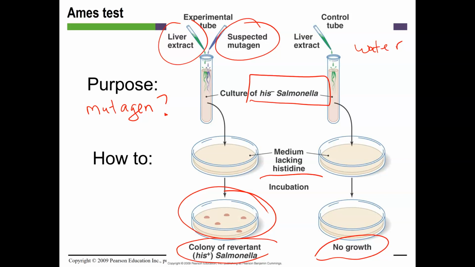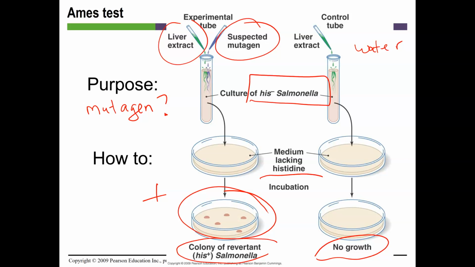Students typically ask, are there other changes happening in the Salmonella DNA due to the mutagen? Yeah, there are. We can't detect those. We can only detect the mutations that happen to occur in the same spot as the original point mutation. A bacterial culture has millions and millions of cells in it.